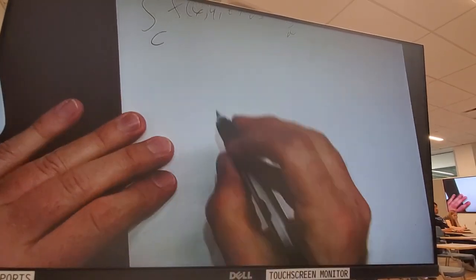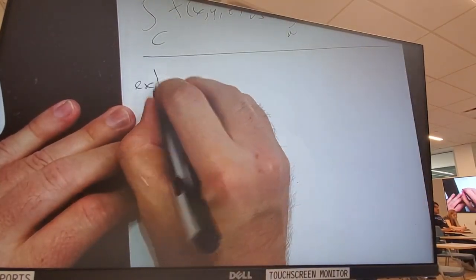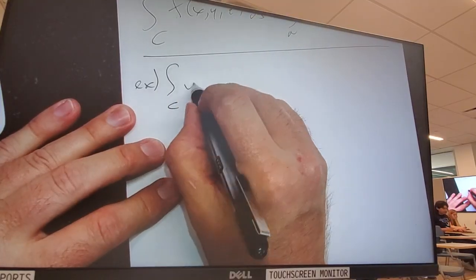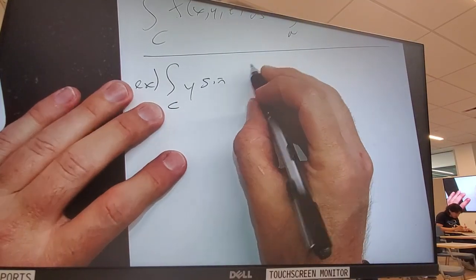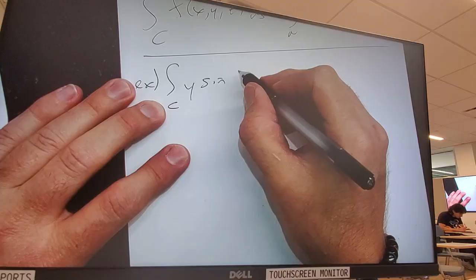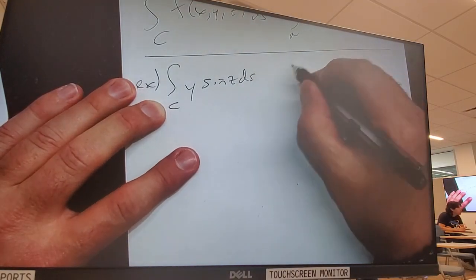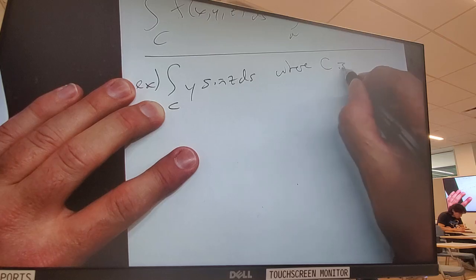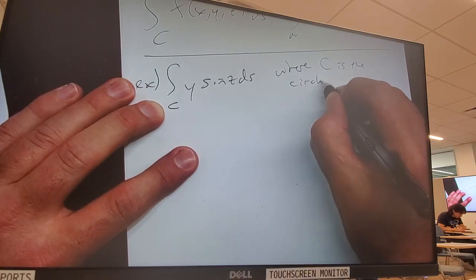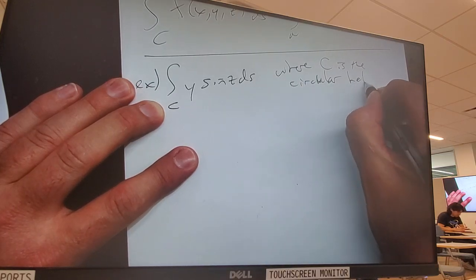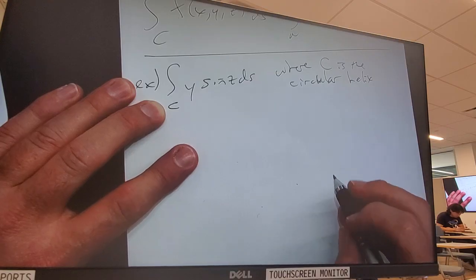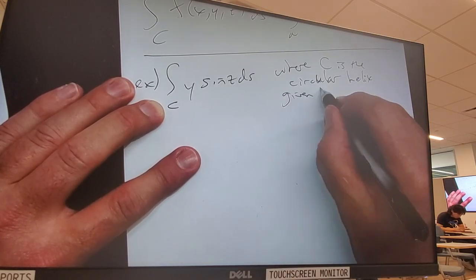So let's see. This problem says, integrate this function, where C is the circular helix given by, now this is really nice.